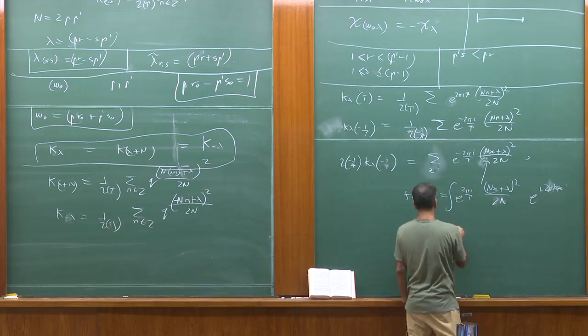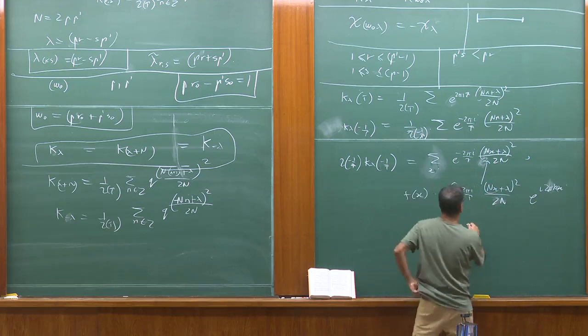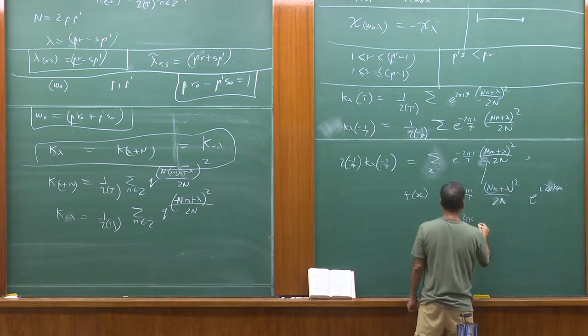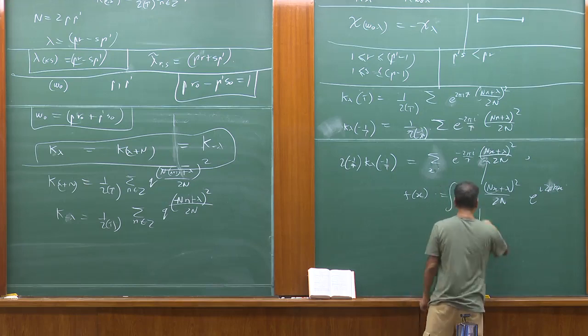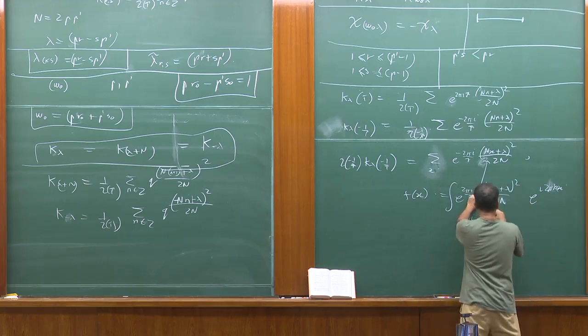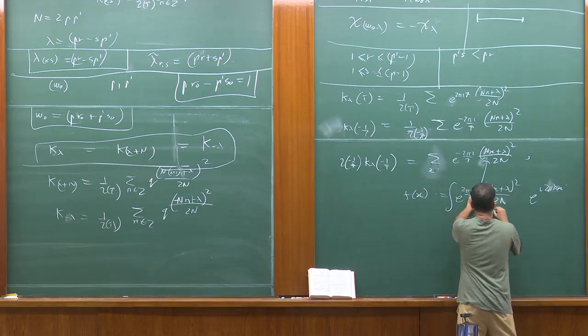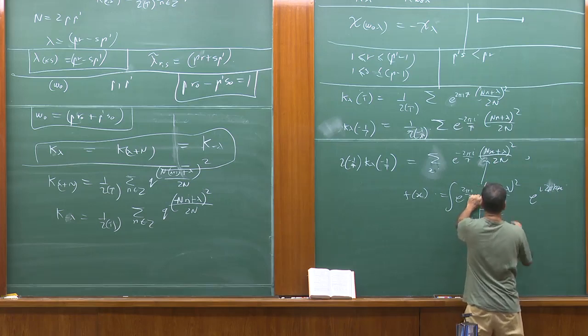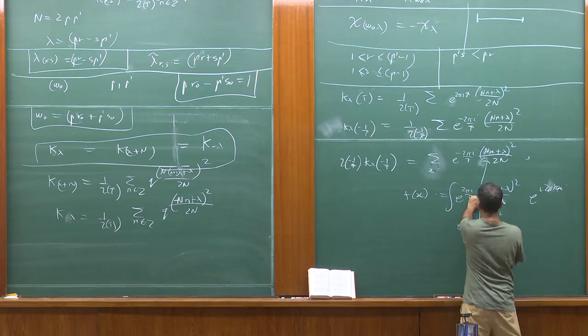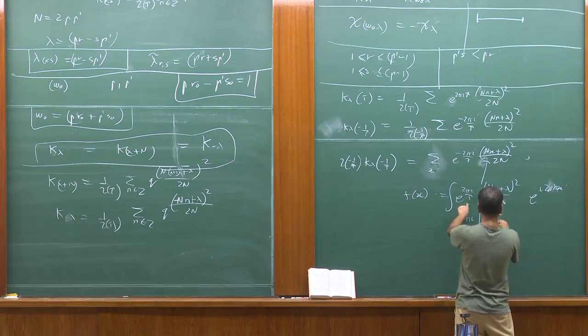Then we just have to do this. This is e to the power 2 pi i overall outside, and then we have n squared x squared by 2n, so n x squared by 2 tau.